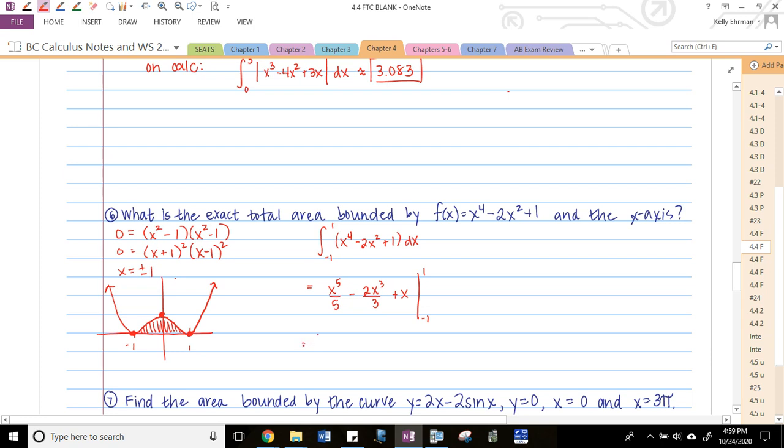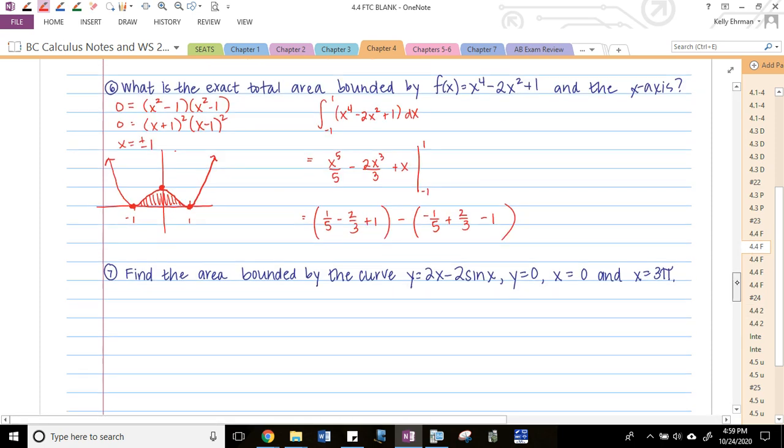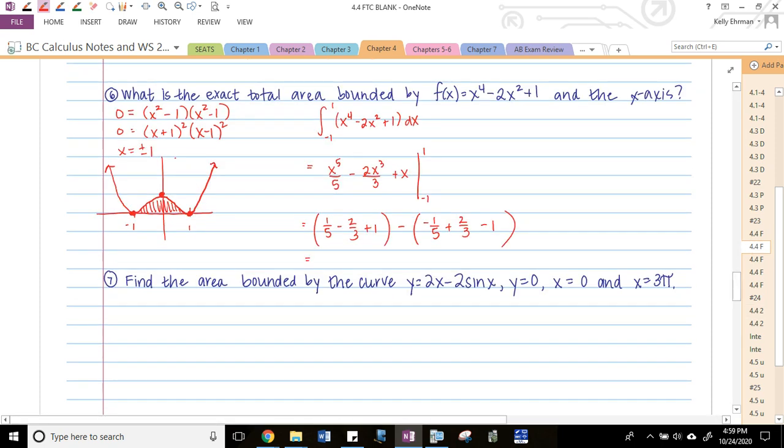And that is going to be plugging the 1 in first. 1/5 minus 2/3 plus 1 minus -1/5 plus 2/3 minus 1. Okay. So I think I want to combine terms first.